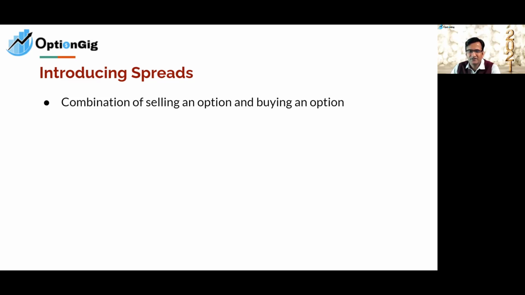So this is a combination of selling an option and buying an option. Both have the same expiration period. If we are selling a put option for the 19th Feb expiration, you should also buy an option for the 19th Feb expiration.